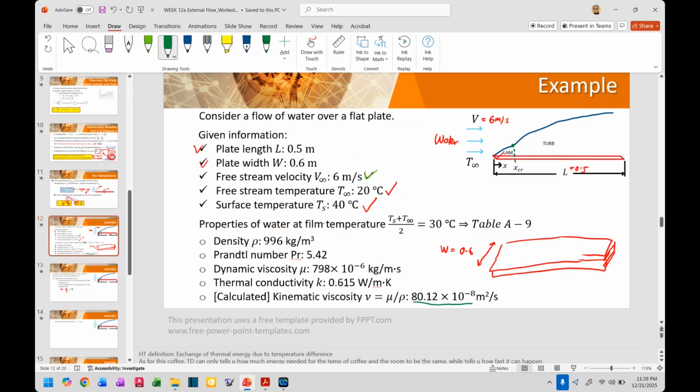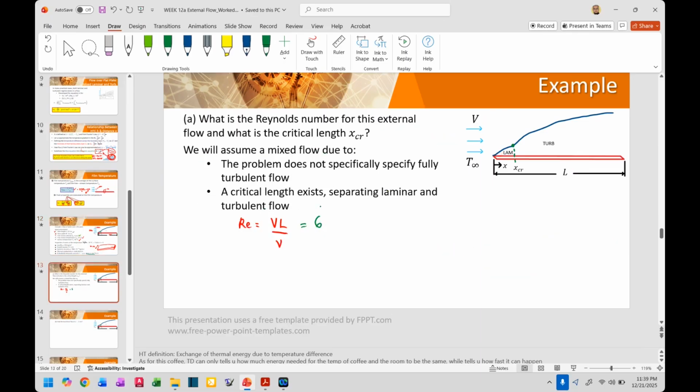The length was 0.5, right? So 6 times 0.5 over 8.012 times 10 to the minus 7. Okay, let's do this together. So this will turn out to be quite a huge number. This will be 3.74 times 10 to the power of 6.